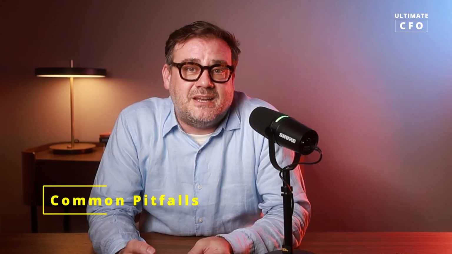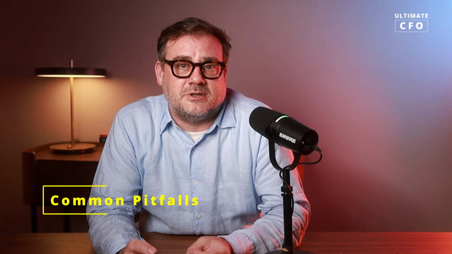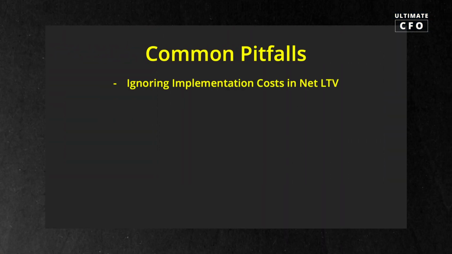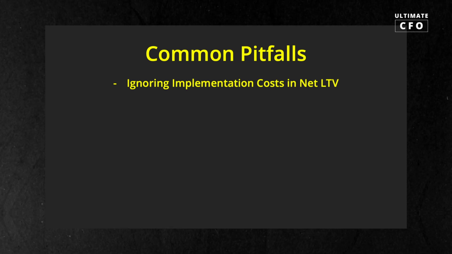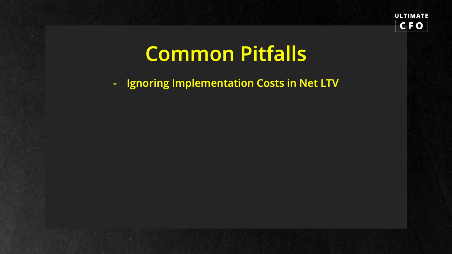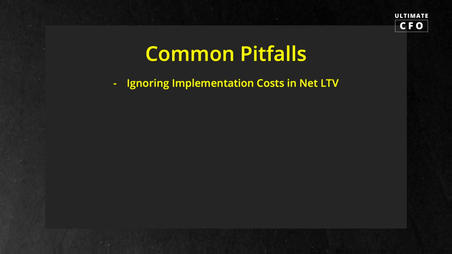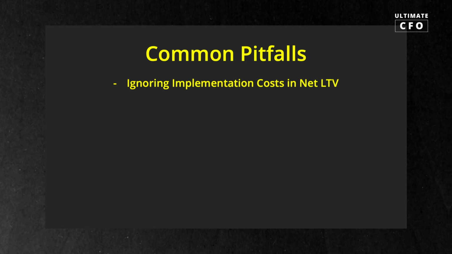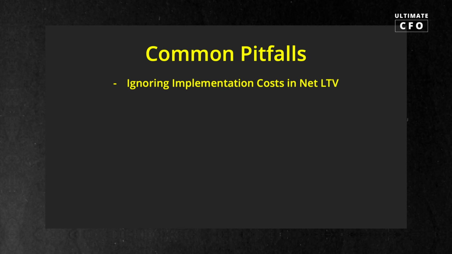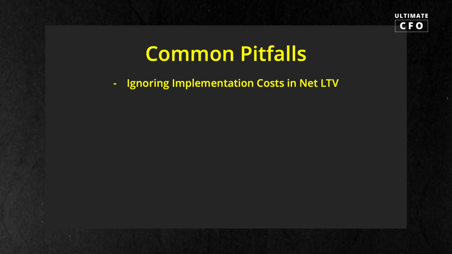I've seen many companies stumble on their unit economics. So ignoring implementation costs, for example, is a very common fallacy, where these implementation costs can be quite significant. And if they're not included in your LTV calculations, you're dramatically overestimating your customer value.